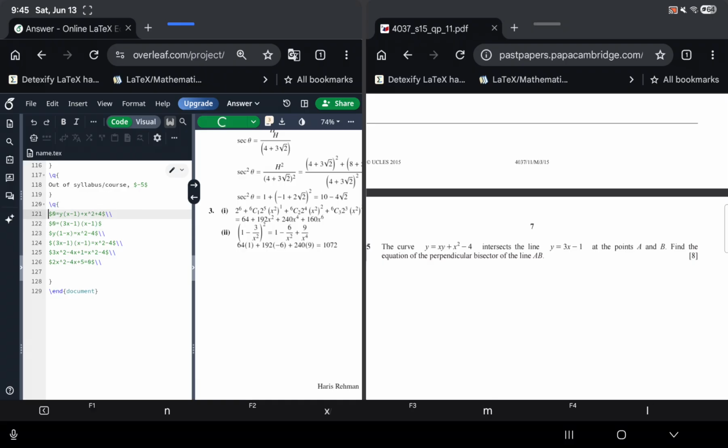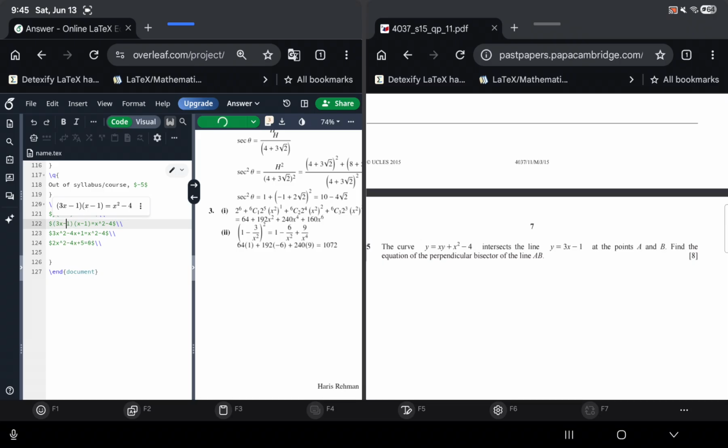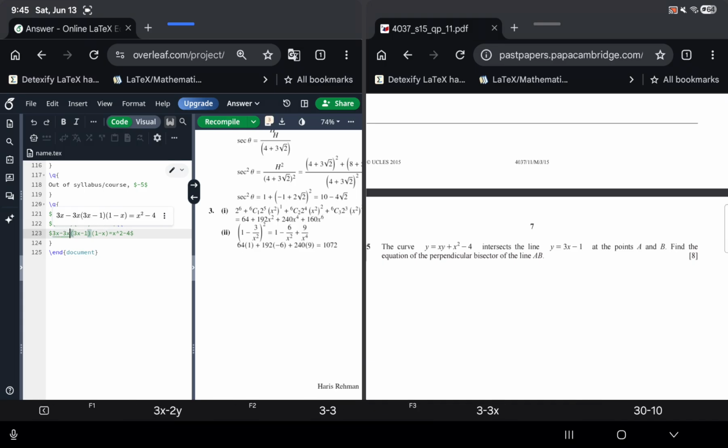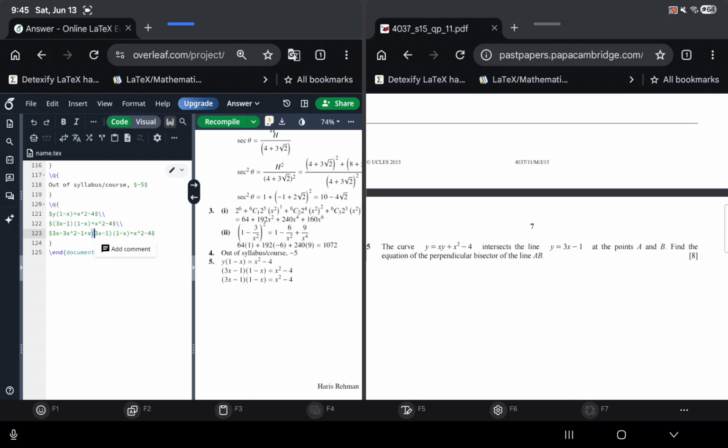Yeah, this is 1 minus x. Oh no. Gotcha. So this is 3x minus 3x squared minus 1 plus x.